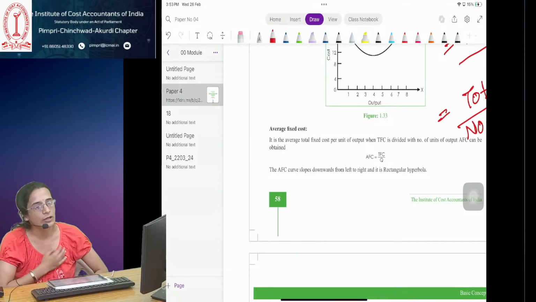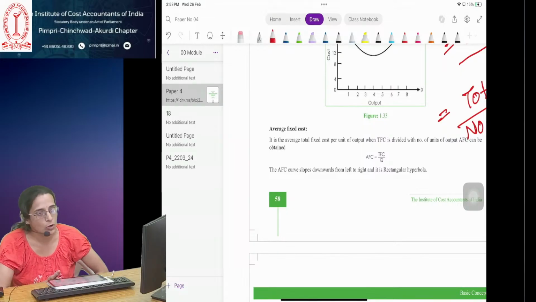So same here, what is average fixed cost? Total fixed cost we will take and divide it by the number of units, it will give us average fixed cost, right? Now just instead of taking total cost, what we will take? We will precisely take total fixed cost because we want average fixed cost, right?